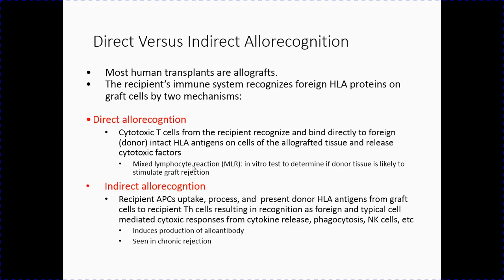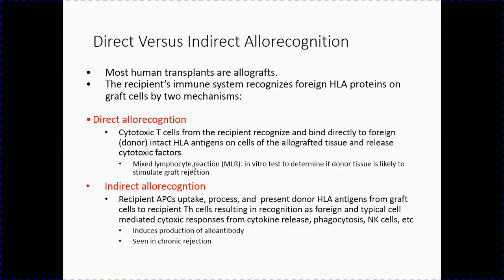Now we know we can't see this happening by itself. We can't tell the difference between a donor and a recipient lymphocyte visually if we were looking and watching this. So what do we do? We can use a radioactive label called thymidine, and it's going to label the DNA only of cells that are proliferating.